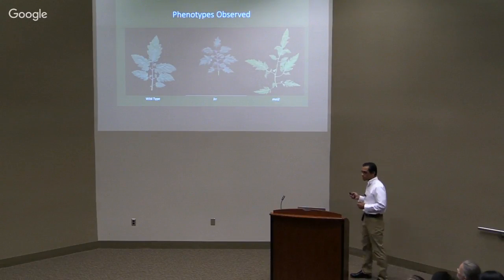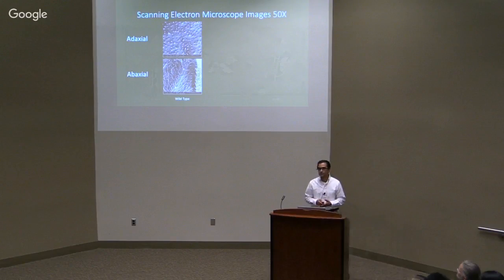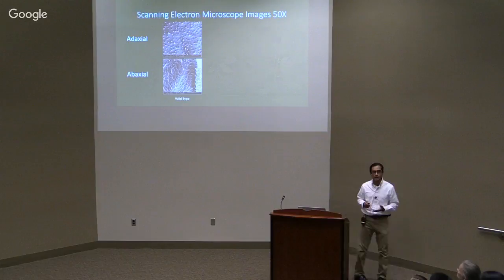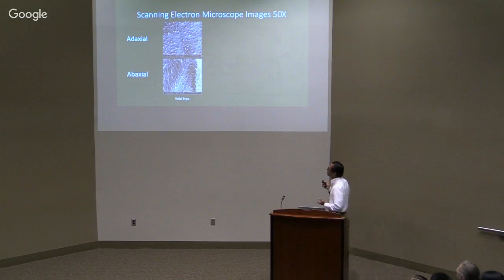So what was done next? Well, the leaves were analyzed under a scanning electron microscope to see if there were any differences, at least under 50 times magnification, between these types of plants.